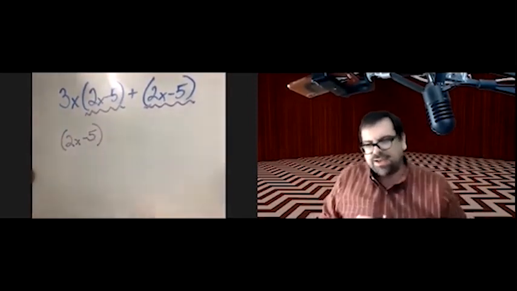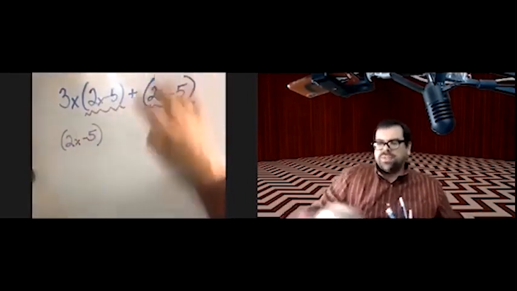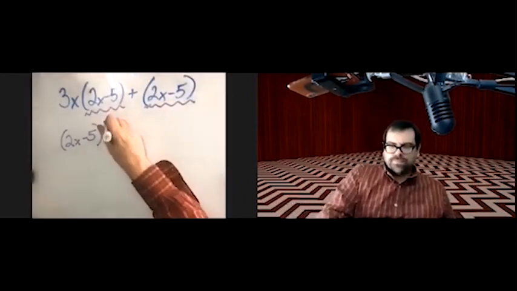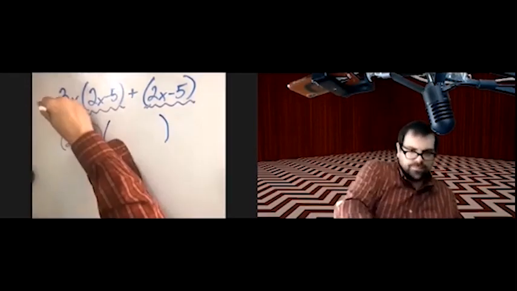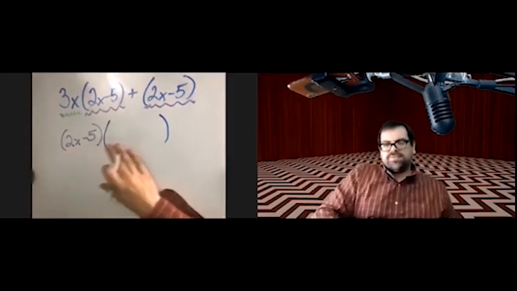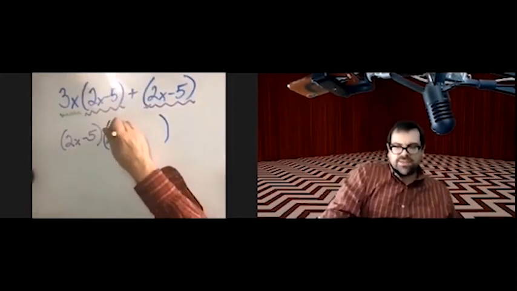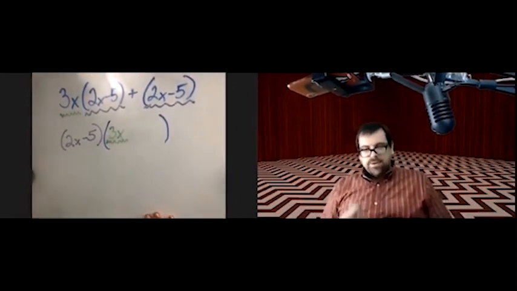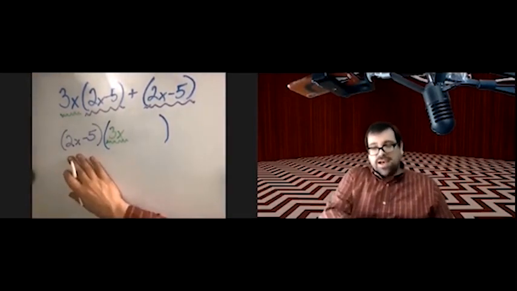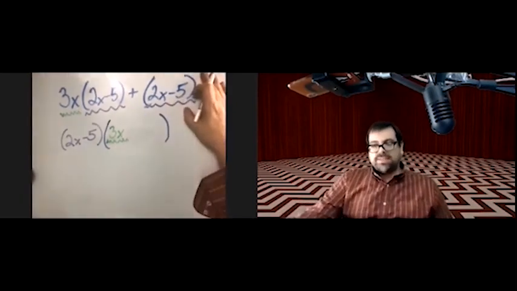So that's going to get factored out. 2 terms means 2 terms in the leftover piece. 2x minus 5 times what is 2x minus 5 times 3x? That's 3x. Now, 2x minus 5 times what is 2x minus 5?